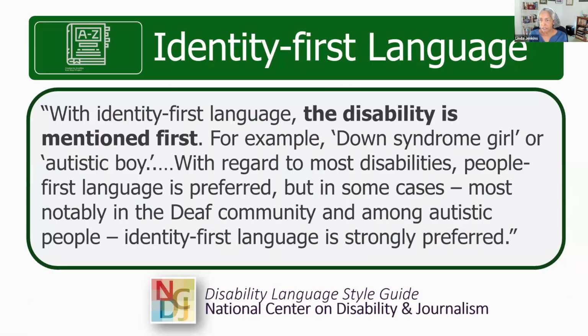There's also identity-first language, where the disability is mentioned first. But in those situations, it is really based on the preferences of the people who have the disability or are living with the disability, and what their preference is. So again, we go back to the whole concept of asking to determine what's appropriate.